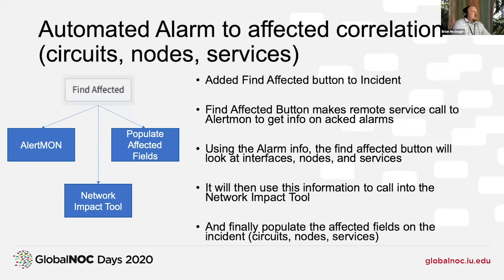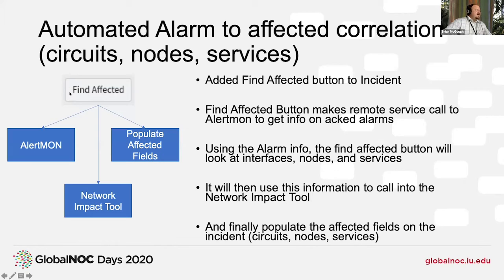Okay, so this is the automated alarm to affected correlation, and I think this is probably, in my mind, one of the coolest, and it gets at the system integration talk. If you heard my talk earlier about ServiceNow, what we're doing in this case is we've built a button.